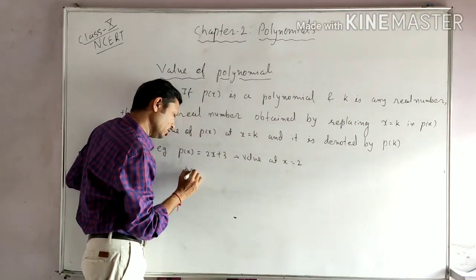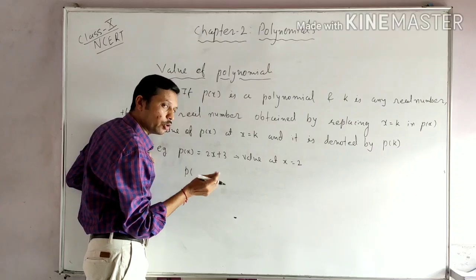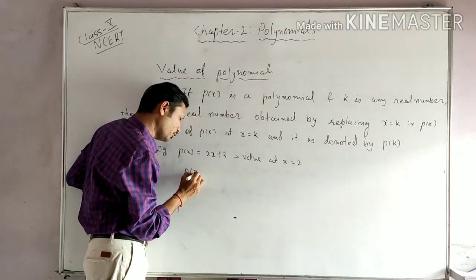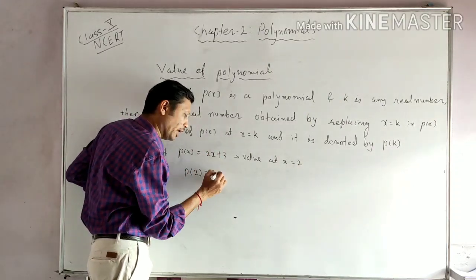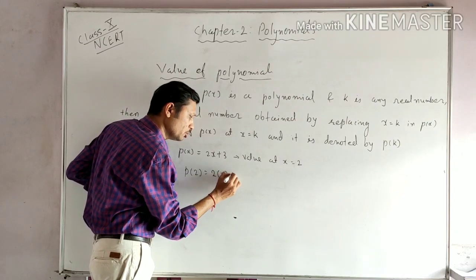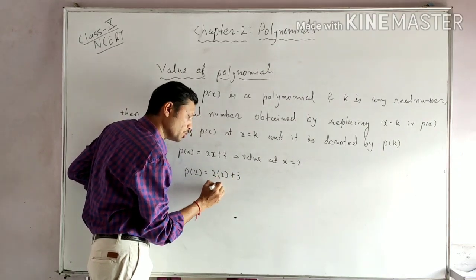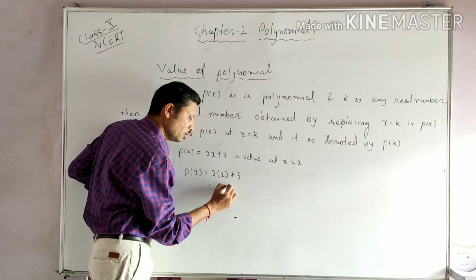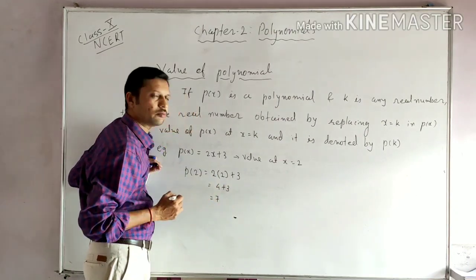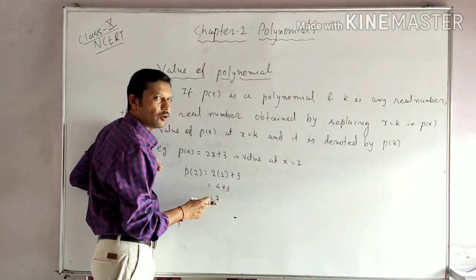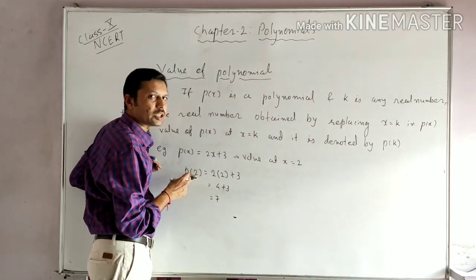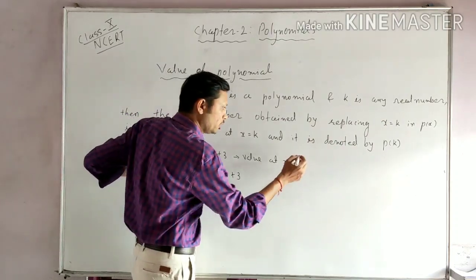So in the place of x I am going to replace 2. So p of 2 is equal to 2 times 2 plus 3. So 2 2s are 4 plus 3, that is 7. So 7 is the value of polynomial at x equal to 2, right.